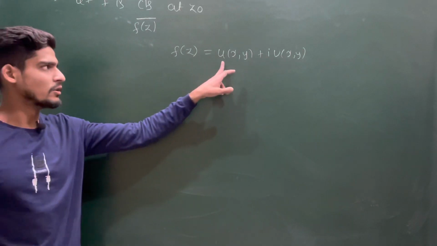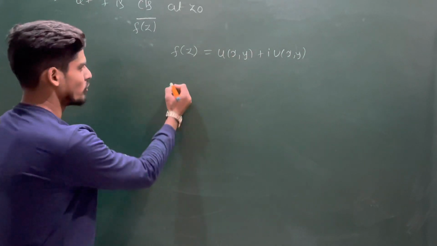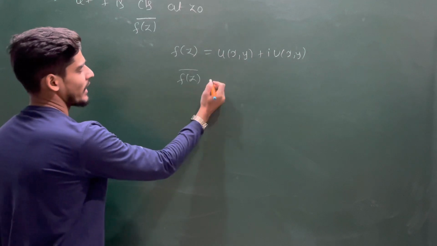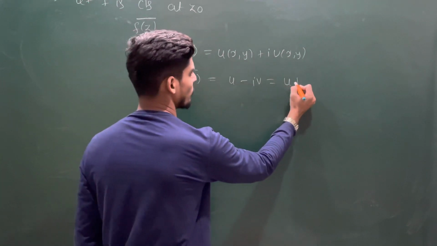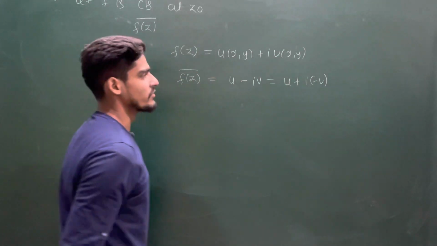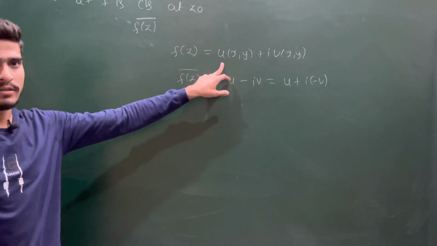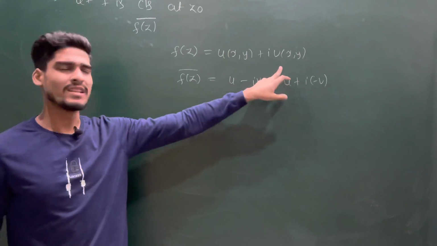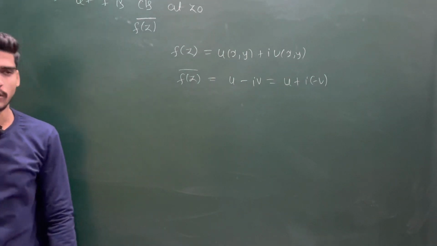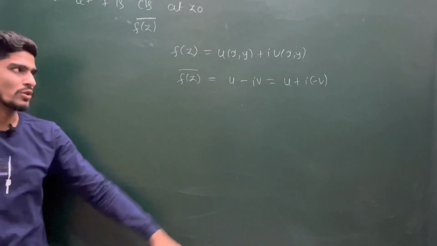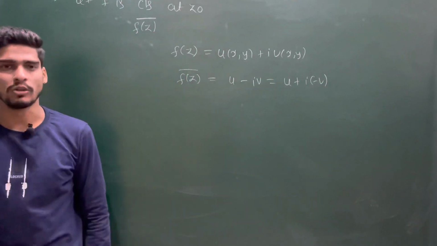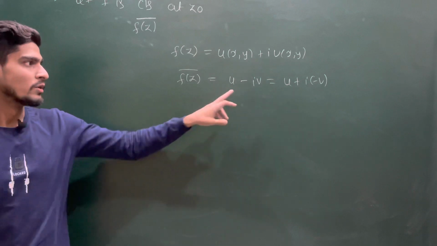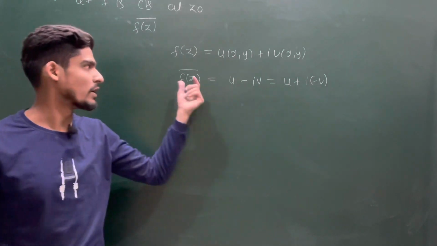And once your u and v both are continuous, you can think for this, what is f z bar? This is u minus iota times v, which is the same as u plus iota times minus v. So your u is already continuous. v is continuous, then the negative of v is also continuous, because minus 1 is simply a constant. So if v is continuous, minus v is also continuous. So u is continuous, minus v is continuous, hence your f z bar is continuous.